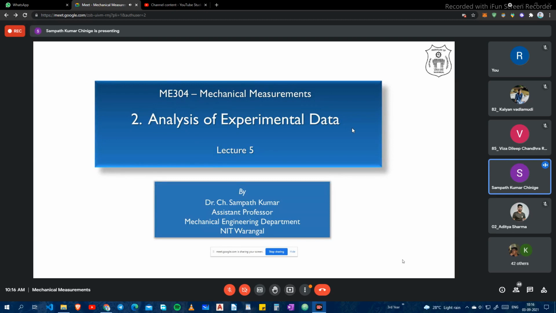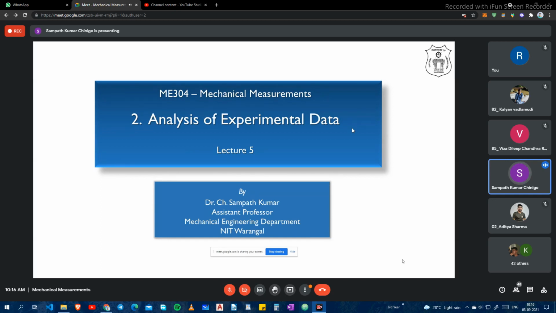The next very important thing is, we have a measurement system and then we have taken certain readings. How do we analyze them? From any measurement system, you give an input, automatically it will show an output. How do you ensure that the output coming out of the system is nearer to the input value?